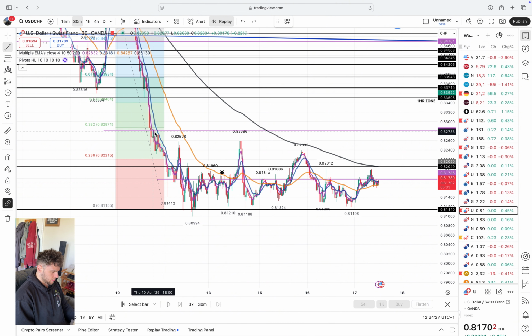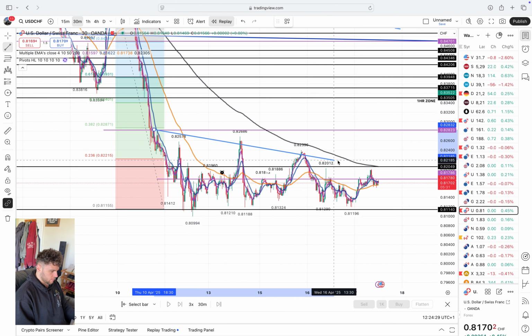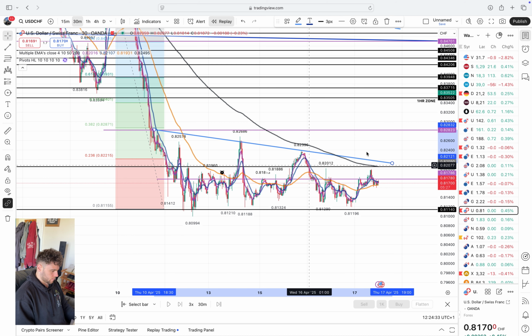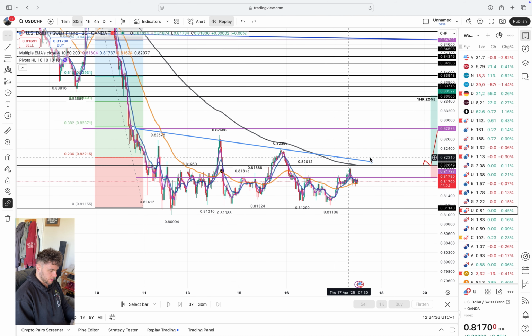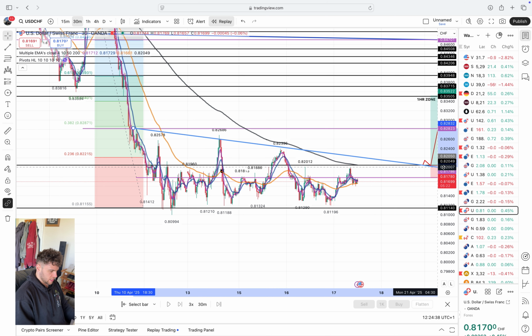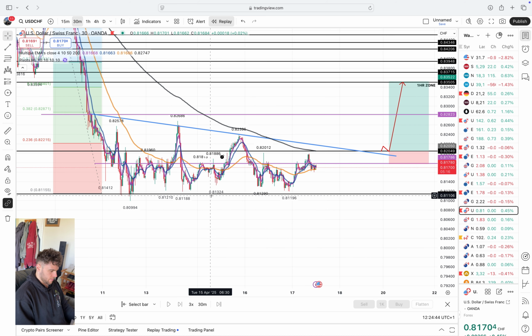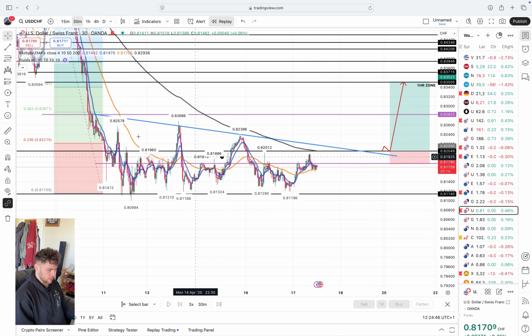The reason for the rejection from the other day is because we're forming a sort of wedge pattern. We're following a trend line down. Look, we've got one touch, two touch, three touch.